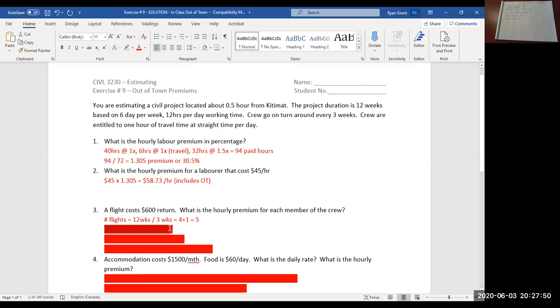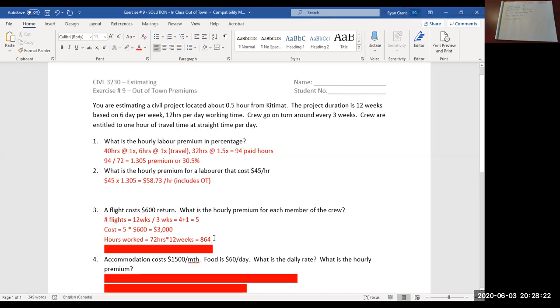So let's make that little adjustment here on the solution. Not 4 flights, we'll say 5 flights times 600 is $3,000. So what are the total hours worked? 72 is the 72 hours a week and 12 weeks.